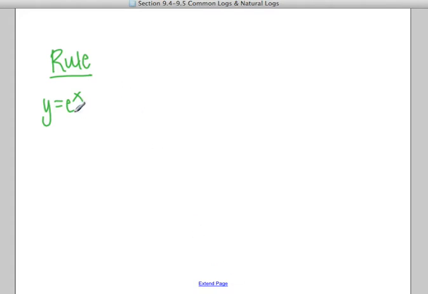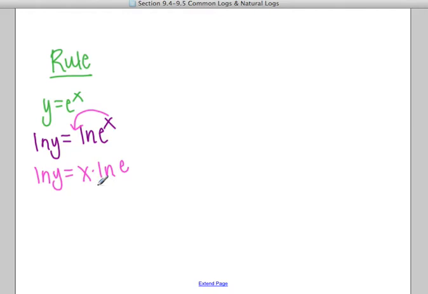Now whenever you have e, you're going to do natural log on both sides. So if I had you solve a problem like this, I would take natural log on both sides. Just like we did before, my exponent can come down in front. So I would have x times natural log of e. What I want you to remember is that natural log of e is 1.